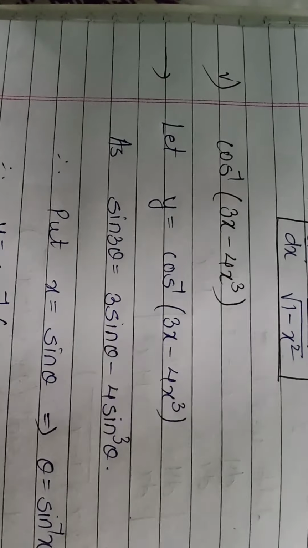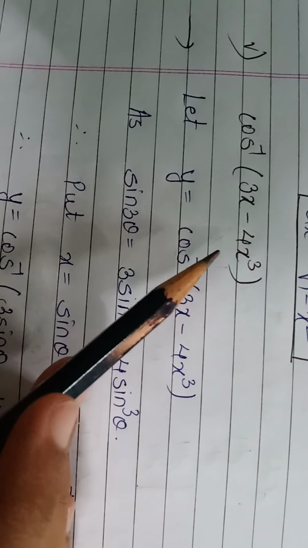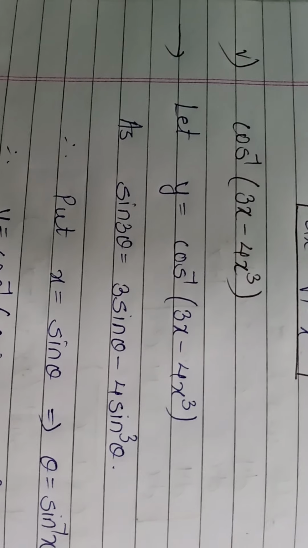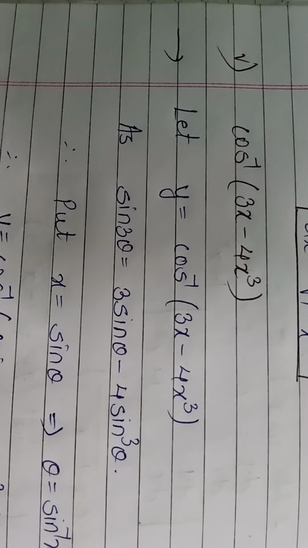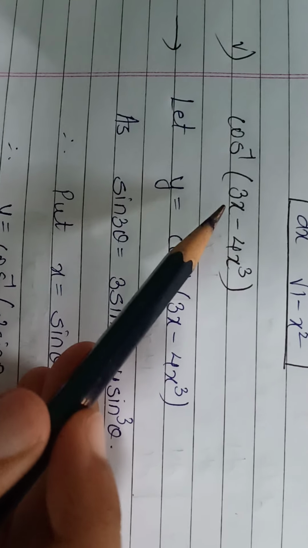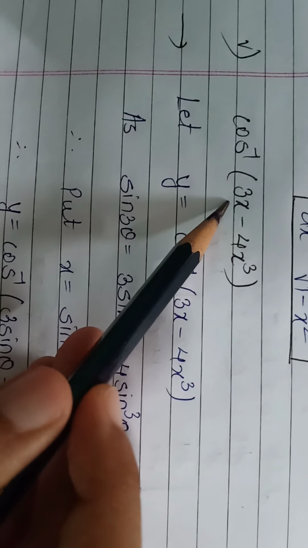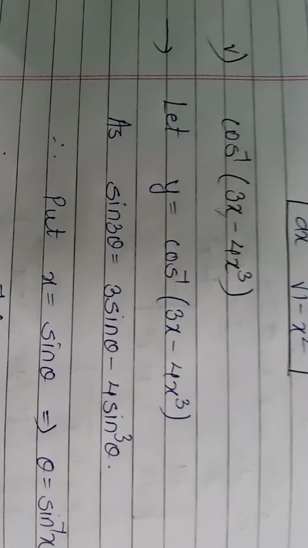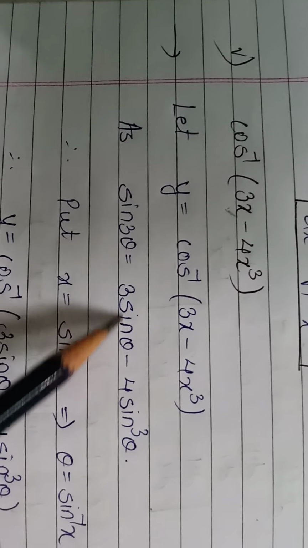Now see, this is cos inverse of 3x minus 4x cube. By observing this only, we'll get to know that it is of the 3 theta form, either sin 3 theta or cos 3 theta. But as 3x is in the starting, we know that it is the starting of the sin 3 theta formula. You can write over here for understanding purpose.